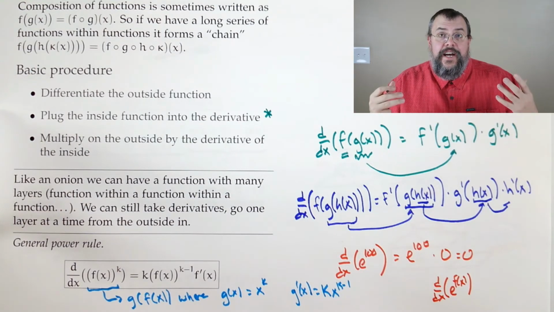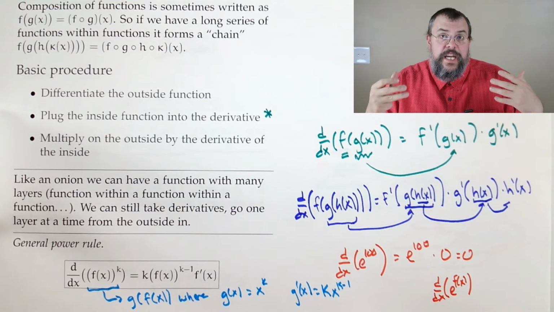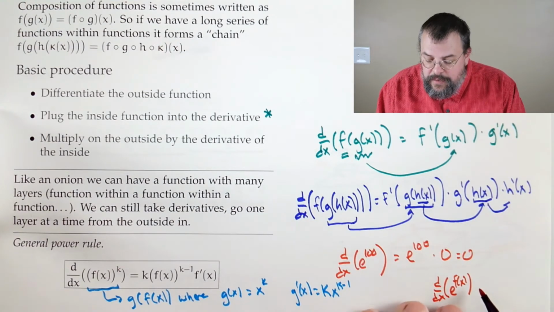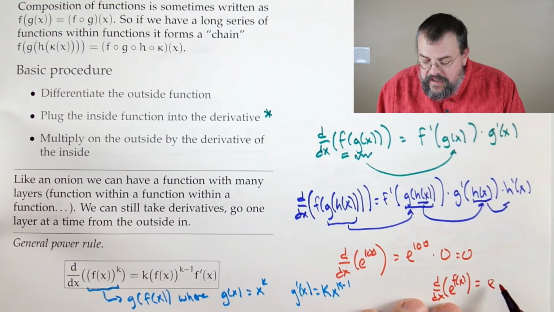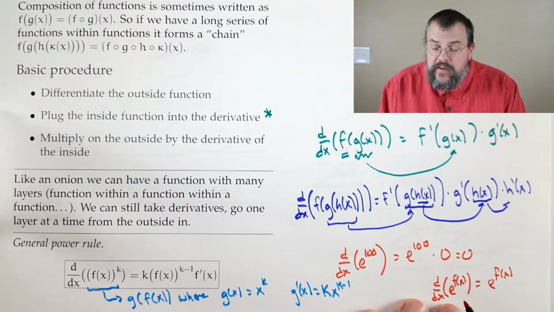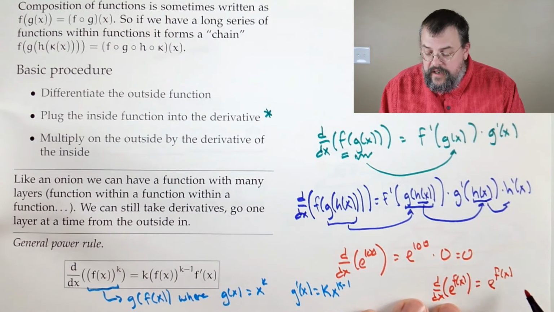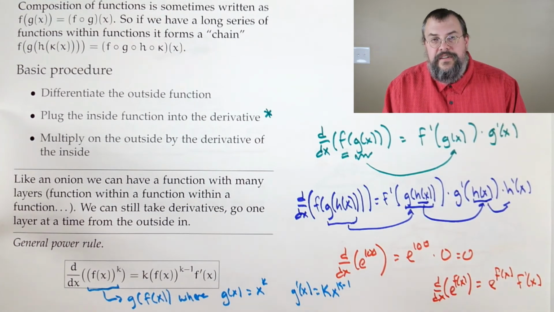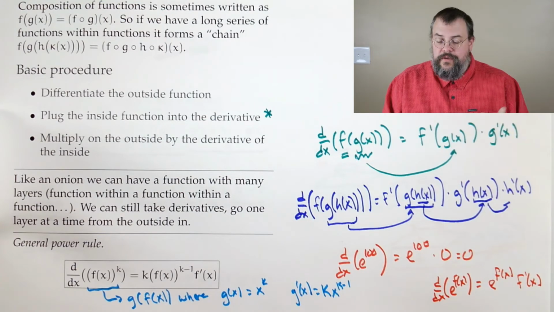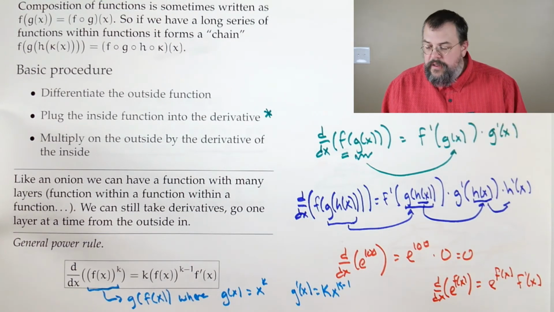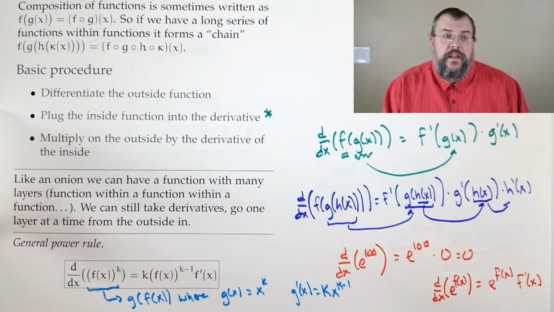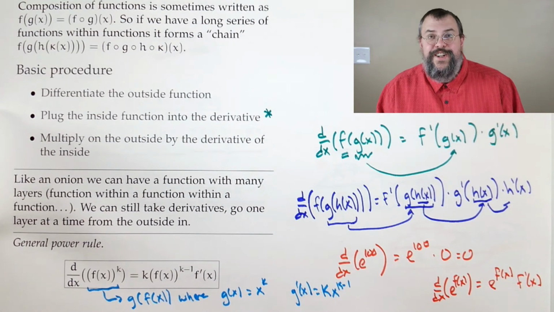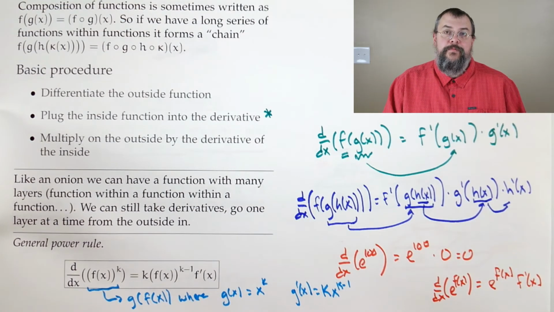Taking the derivative of the outside, the derivative of e to something is e to something. So plug the inside back in, that's e to the f of x, times the derivative of the inside, so times f prime of x. So that's where we got that the derivative of e to the 100 is 0. And again, you can make more of these rules. But generally speaking, I think the general power rule is the one most likely to be used. It's a very nice rule.